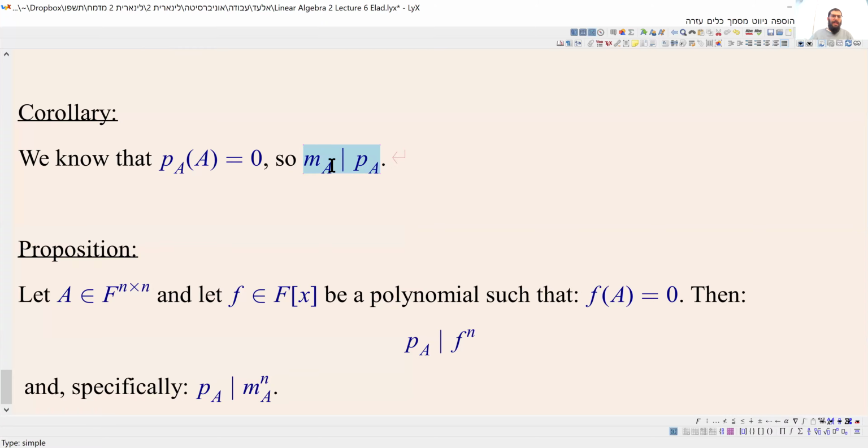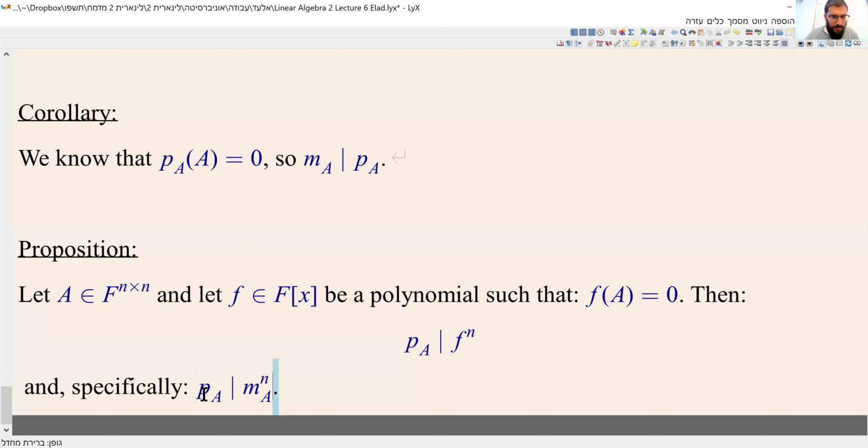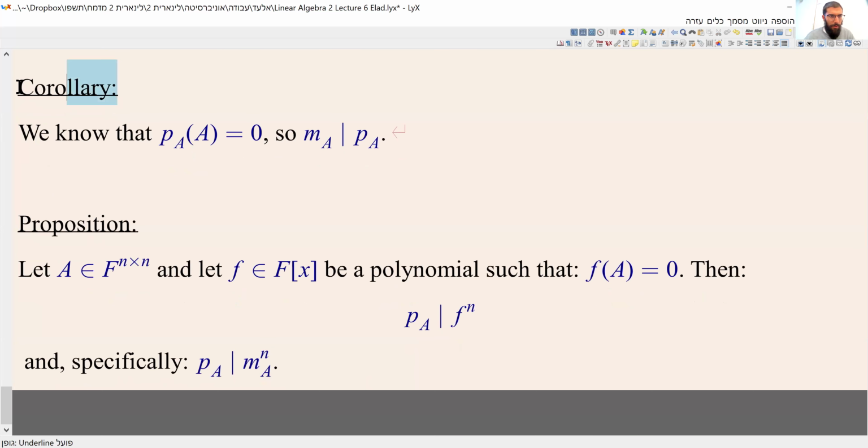I mean, we cannot have x minus 2 in MA and not in PA, right? Because MA divides PA. But from this proposition, we can say that the reverse is also correct: every element of the characteristic polynomial appears in the minimal polynomial. So we can write it down as a corollary as well.